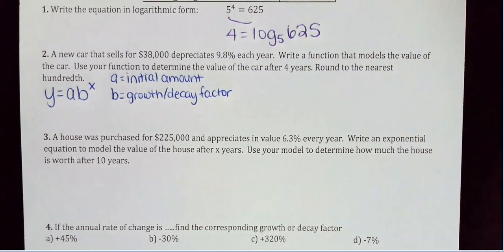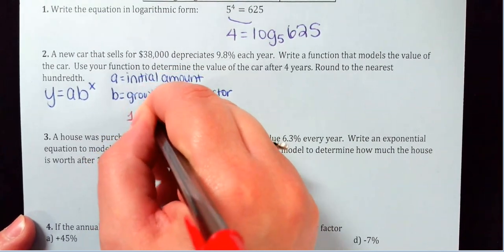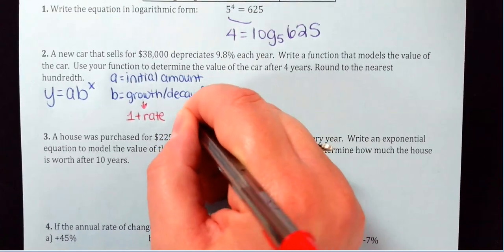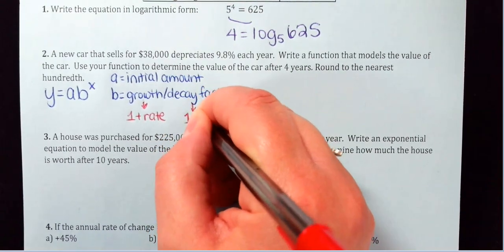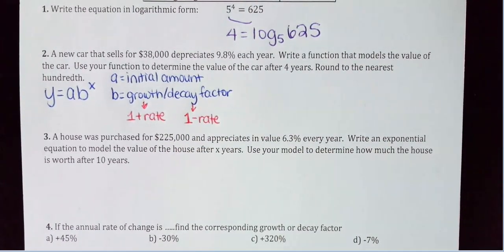If you have exponential growth, growth is 1 plus the rate, and if you have decay, that is 1 minus the rate. So you'll have to identify from the question which type you are working with. X represents time there, and then Y would represent how much is left or how much is gained in terms of the amount once you're done with the question.